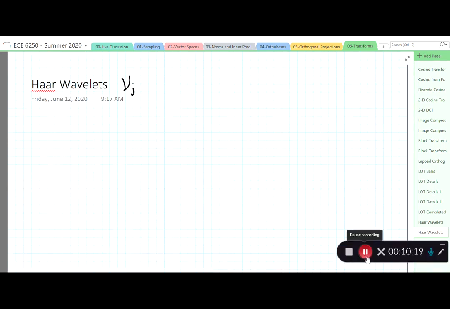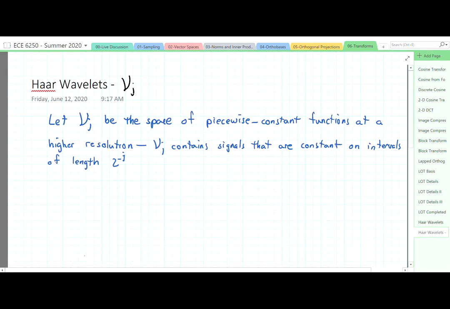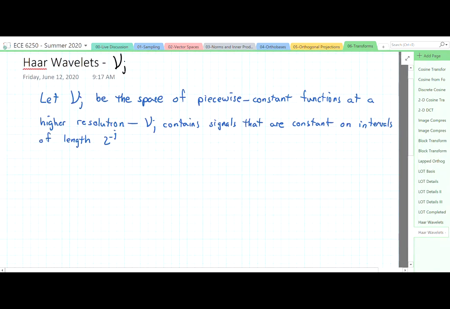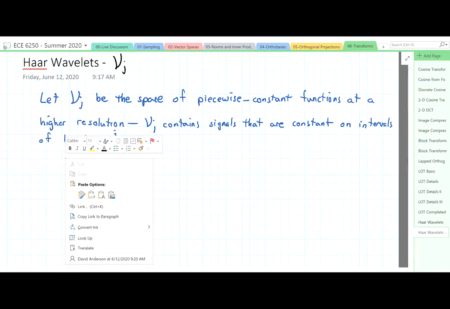okay, so Vj is the space of piecewise constant functions, just like V0, but at a higher resolution. So Vj contains signals that are constant on intervals of length 2 to the negative j. So as j increases, we're looking at finer and finer approximations, or shorter constant intervals.